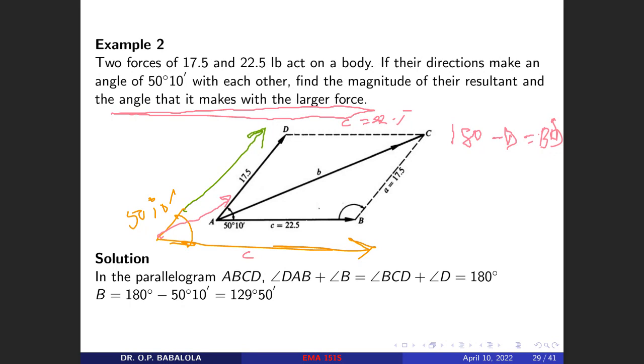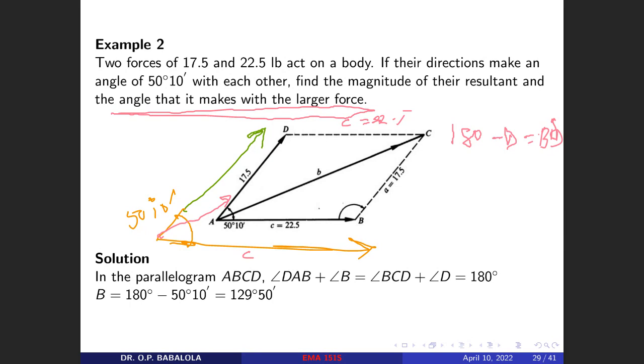To find the angle of the resultant force, we all know you draw the line between the two forces, and we say that is the resultant force. We're asking what is the angle that the resultant force makes with the larger force?